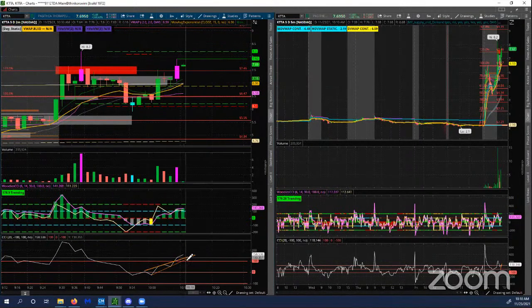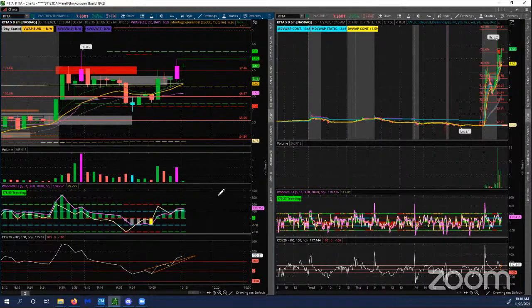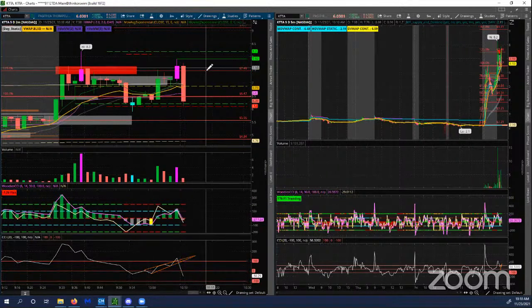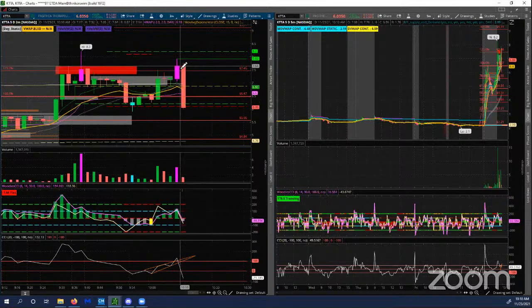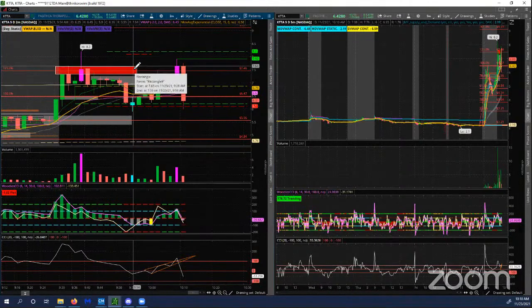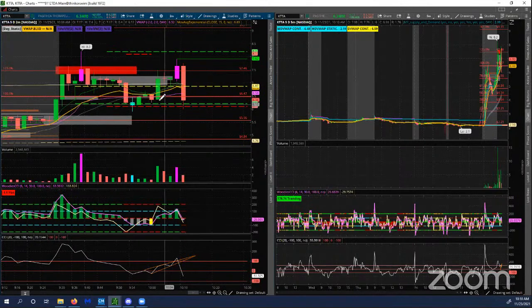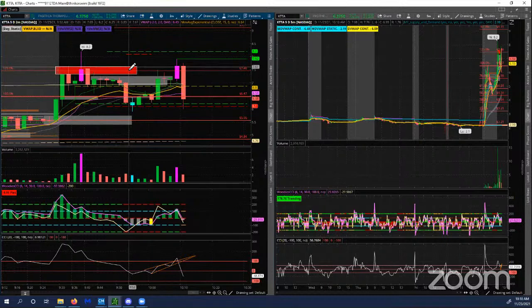And as long as we keep bumping this, could see continuation. So we'll test it and then potentially pop. Nope. Nope. But that's funny.